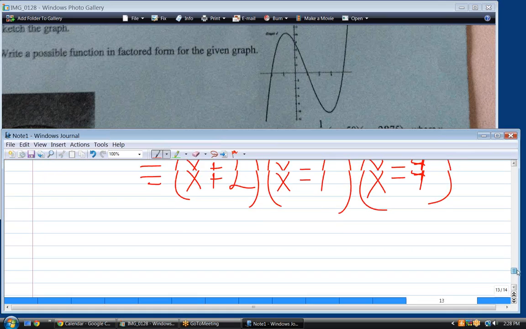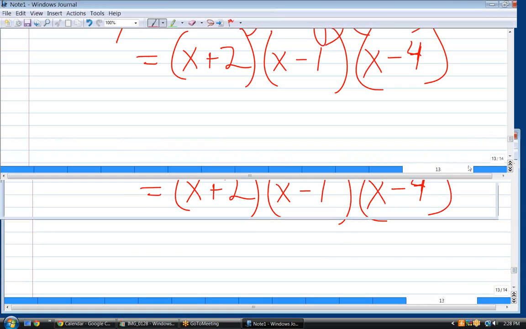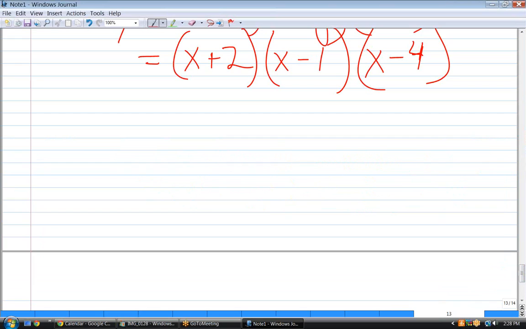Now, this isn't that hard to do, but it can be a little tricky. Do the first two. In other words, that one times that one. So it would be x squared, minus 1x, and then plus 2x, and then minus 2.